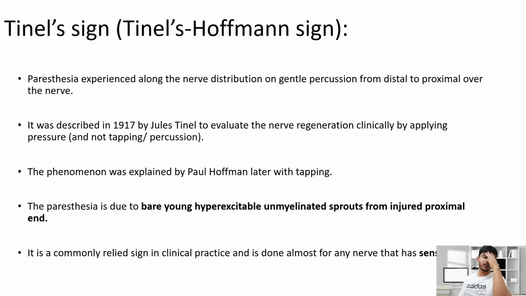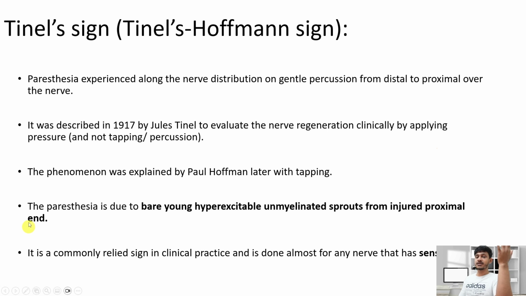Before that, we'll discuss something called a Tinel sign. Tinel sign is nothing but paresthesia experienced along the nerve distribution on gentle percussion from distal to proximal over the nerve. So what this means is, if we come percussing from distal to proximally, there is paresthesia produced due to bare, young, hyperexcitable unmyelinated sprouts from the injured proximal end.